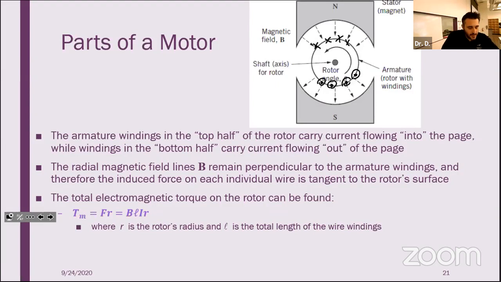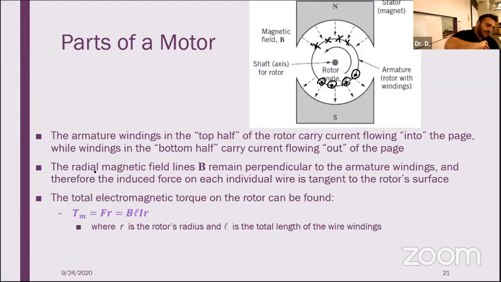But F, we talked about what F was. F was B times L times I, right? So R is the rotor's radius, and L is the total length of wire used for the windings. So B times L times I times R. So I have a torque now, right? That's very useful, because if I have this equation, then I can figure out how much motor torque I generate.